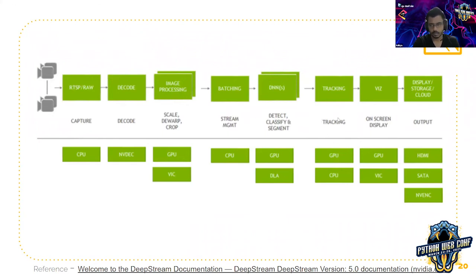It is quite good, in fact. And then you can visualize your streams on the screen, and this encoding and decoding is done using GPU as well. And then you can push it to the storage, cloud, or display unit, and it supports various formats like HDMI, SATA, and NV. And this is the plugin that they use for doing that.